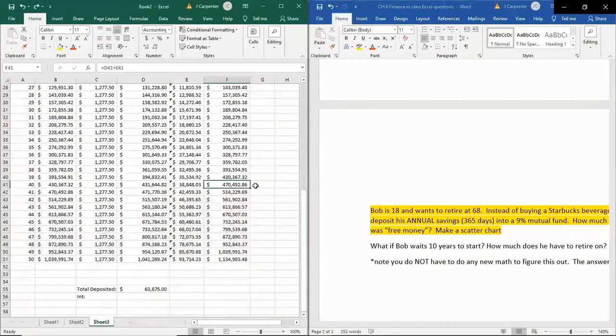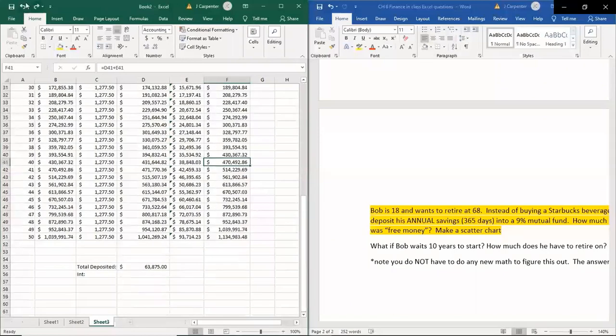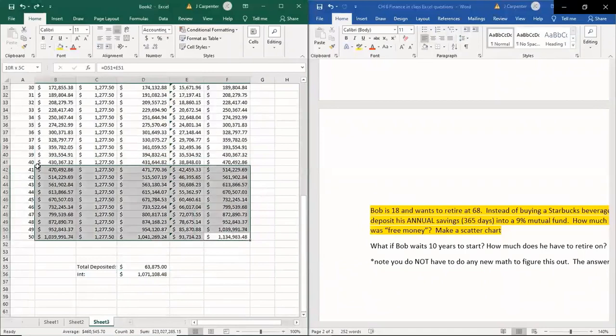And all it was was Starbucks coffees. It wasn't like you didn't eat for a week or something, or for a year. So again, this was the 1.1 million. How much do you get to retire on? We already talked about that. I must have gone too far on my undos because now my interest is gone. There we go. So now let's say, all right, well, let's cut out those last 10 years, years 41 through 50.